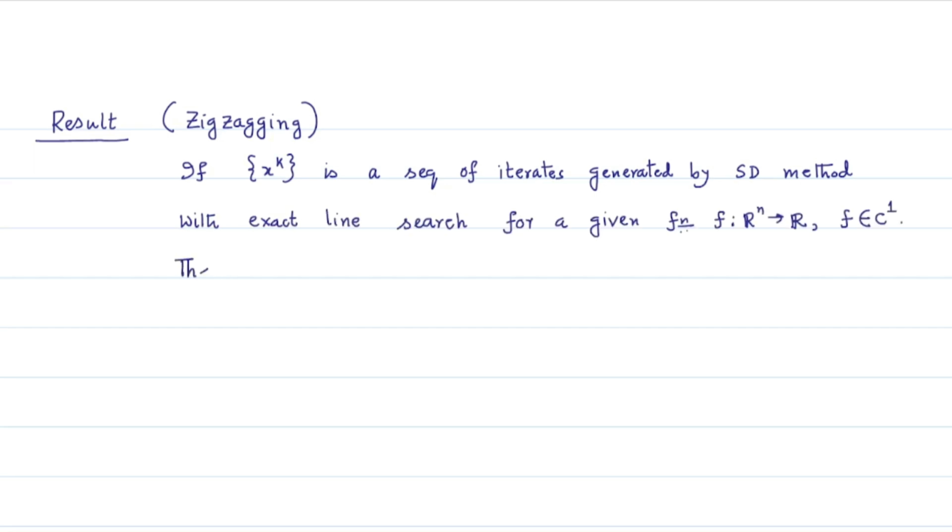Then for any k, we have for the consecutive directions of movement that xk plus 2 minus xk plus 1 is perpendicular to xk plus 1 minus xk. Let us now prove this result.